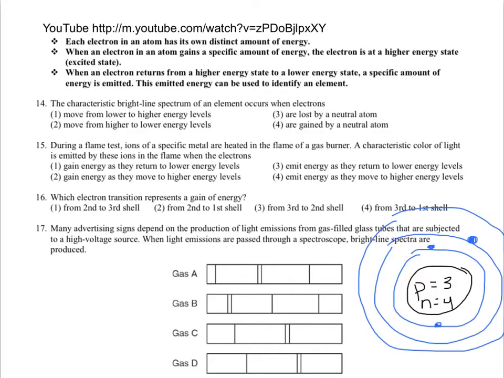So what happens when a bright line spectrum is produced is electrons begin in the ground state, but in comes some energy, and the energy excites the electrons. So then the electrons will gain energy and jump to a higher energy level. So this electron may jump to the second principal energy level.